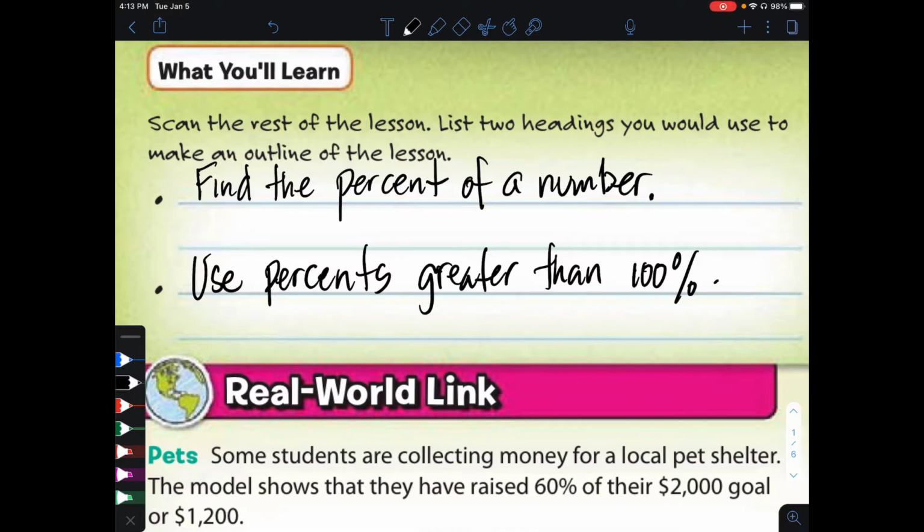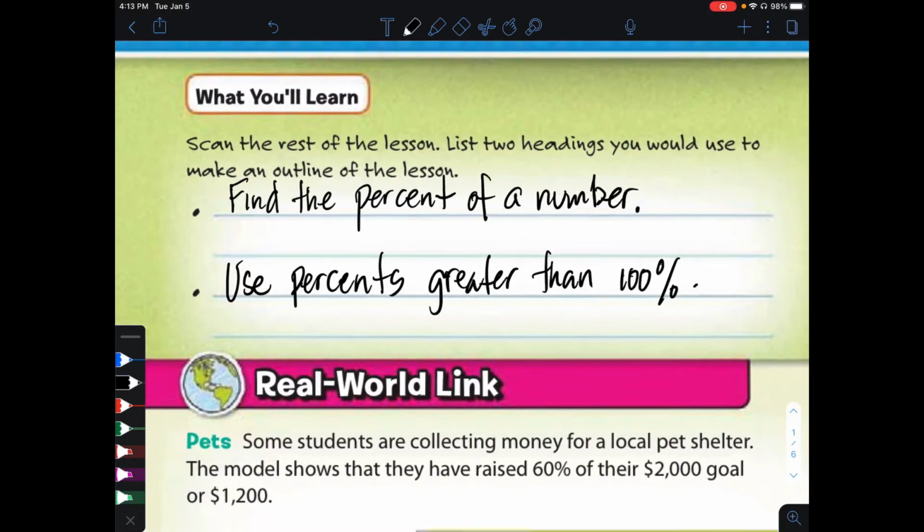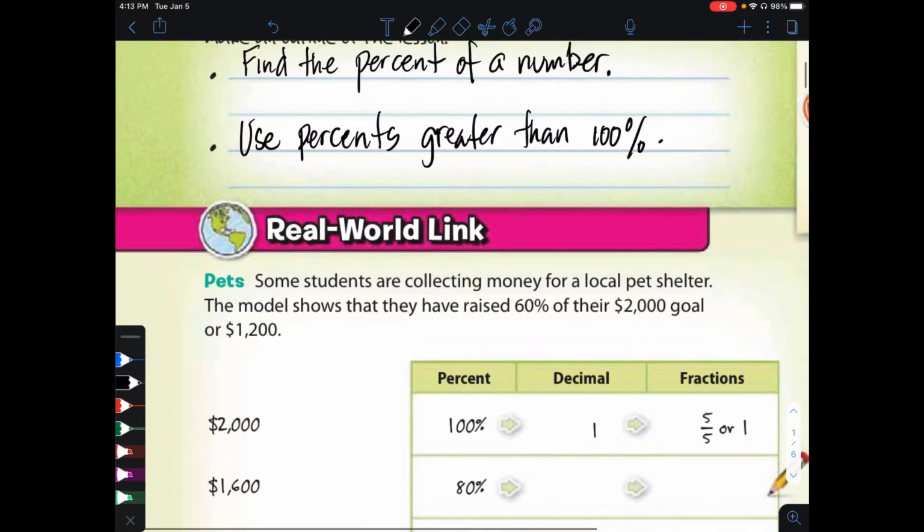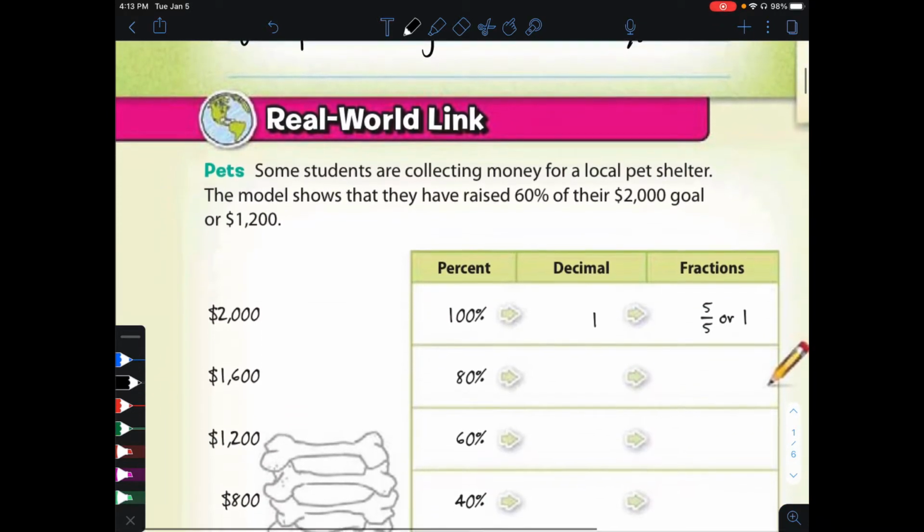First one is find the percent of a number. And the second one is use percents greater than 100%. So let's take a look at this real world link and see how this works. Some students are collecting money for the local pet shelter.